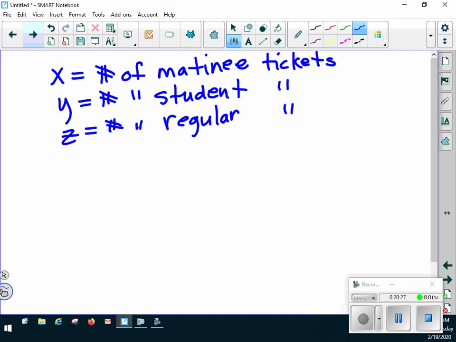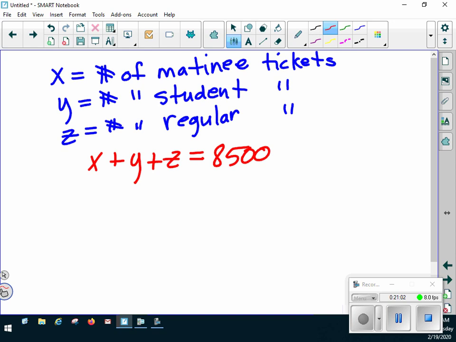X plus Y plus Z equals what? Proceeds, that means how much money they took in, totaled $64,600. So is that X plus Y plus Z equals 64,600? No? What do I have to do?